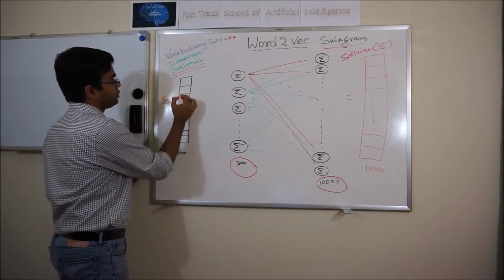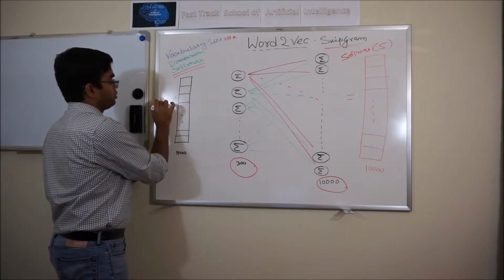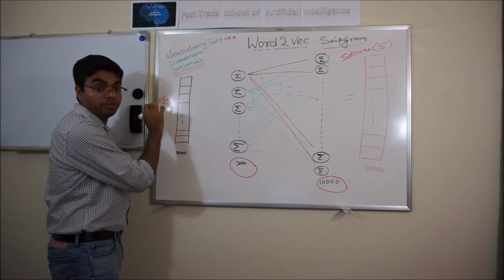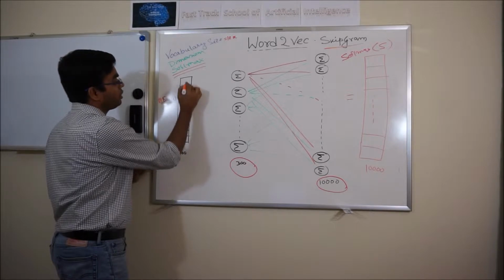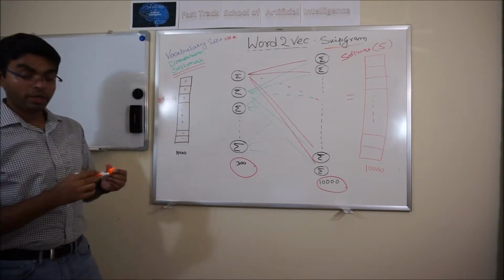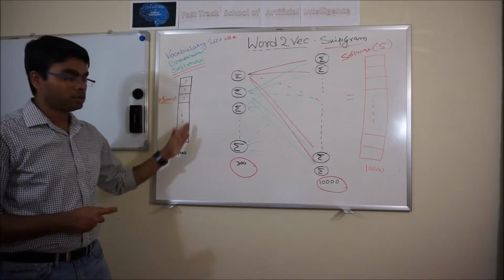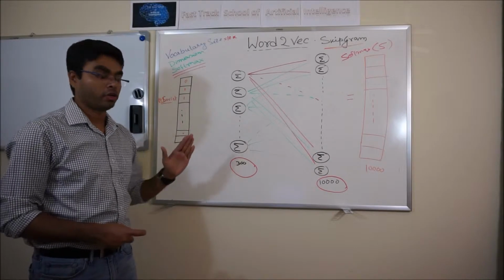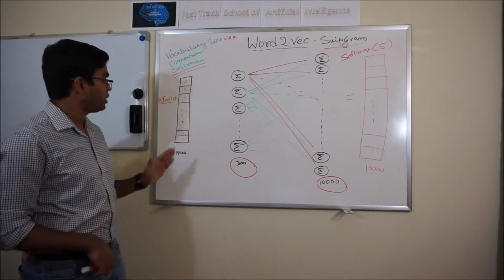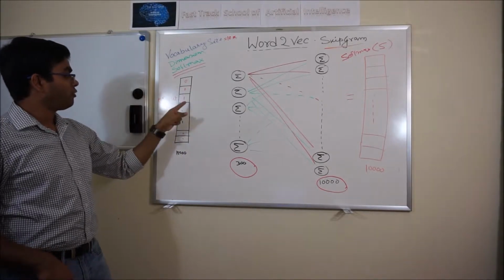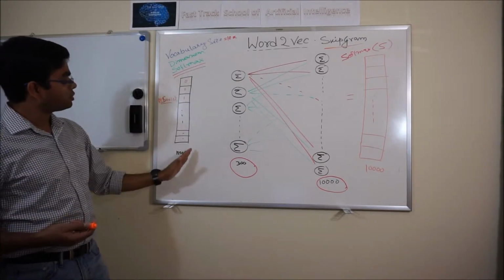Say this index is 3, or 2 in Python terms, and it represents Soviet. So it will have 1 and the rest will have 0. In other terms, this is called one-hot vector encoding. The input has only 1 for the target word, and the rest should be 0.